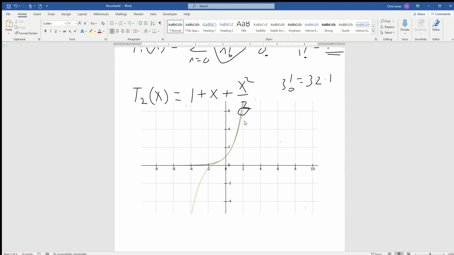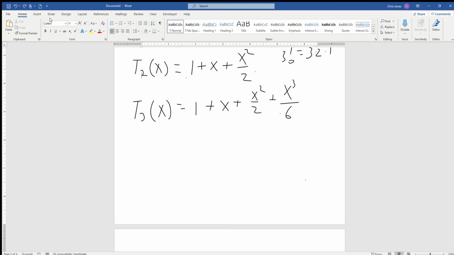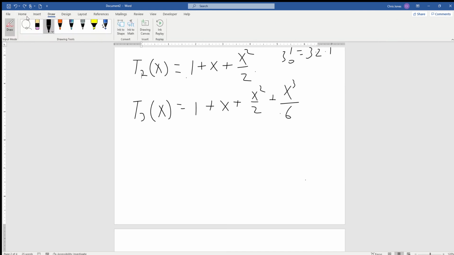And what we remember from Calculus 2 is that the more we increase the power of the polynomial, the better the representation is going to be. So let me do T5 just to show you how good these representations can be.